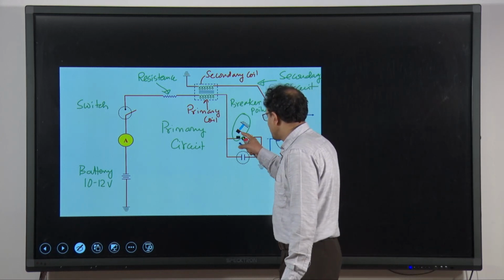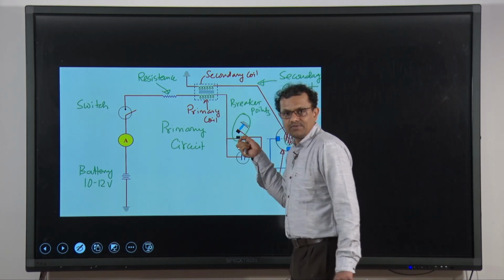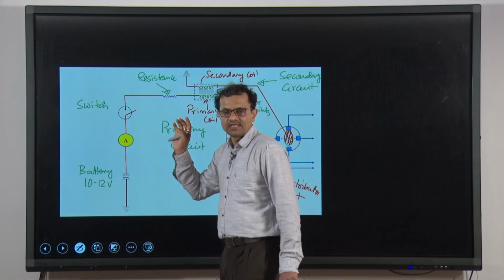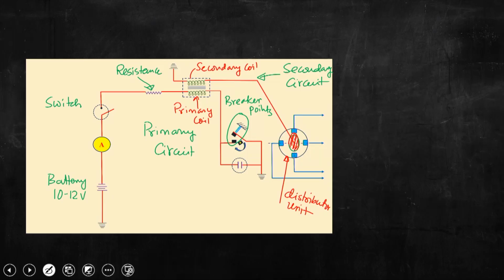So, when these breaker points are in contact, so closed to be precise, and if we turn on the switch, so this is ignition coil switch. So, when the breaker points are closed and if we turn on the ignition switch, a battery current will flow through this primary coil, and it will essentially go to this condenser.